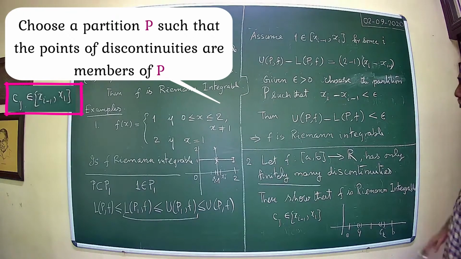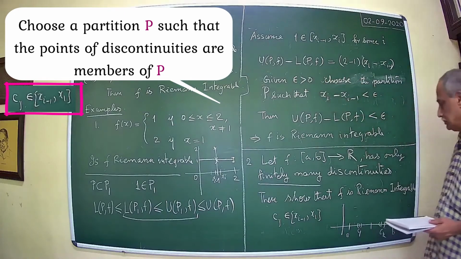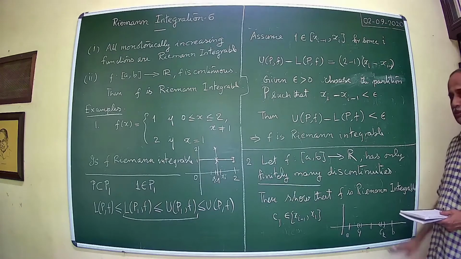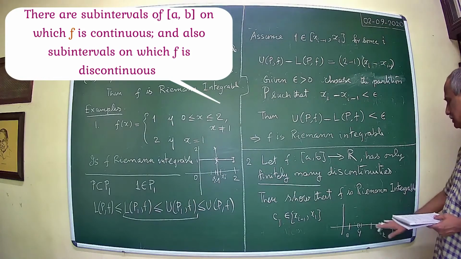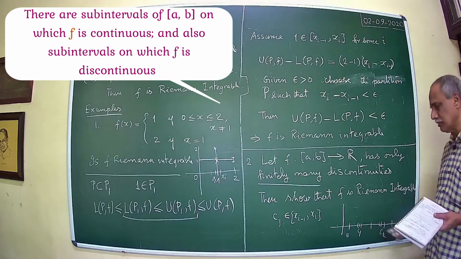Now, when you work out the UPF minus LPF, there are intervals on which the function is continuous. There are intervals on which it is discontinuous. Okay, right? Therefore, what is it that you can say about the function?